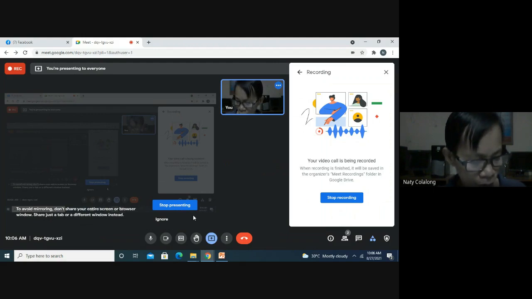So draw and label the parts of M16 Armalite rifle and caliber 45 pistol. I want you to draw this in a bond paper using a pencil.